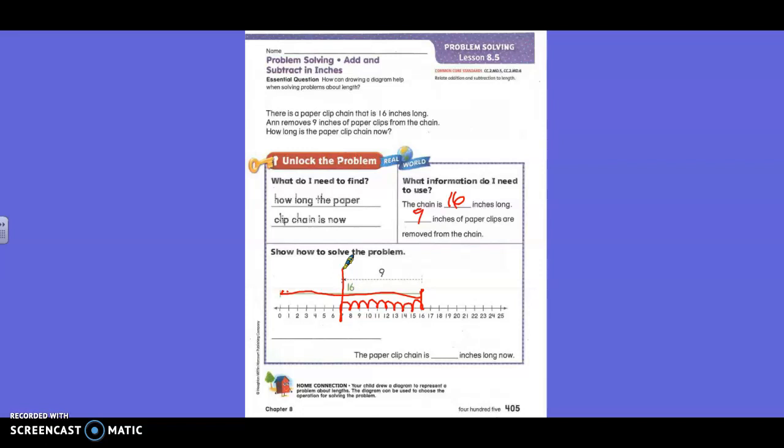Okay, so we're going to write the number problem. What am I going to start with? 16 minus 9 equals 7. The paperclip chain is how many inches long now? 7 inches long now.